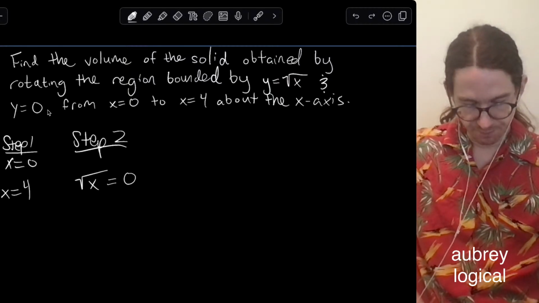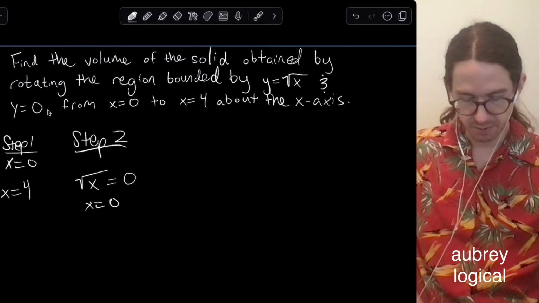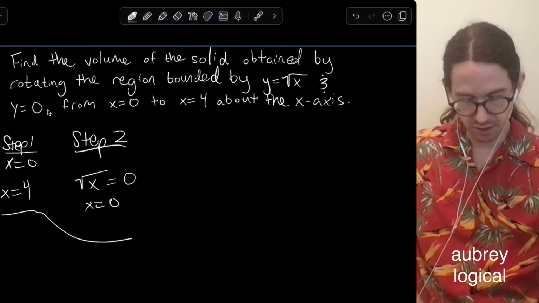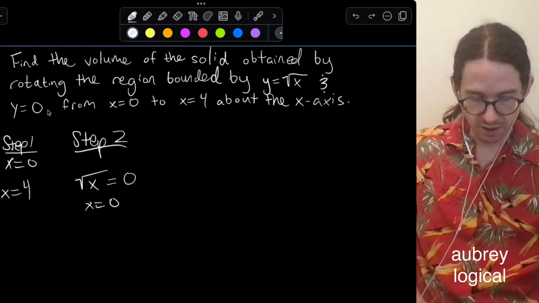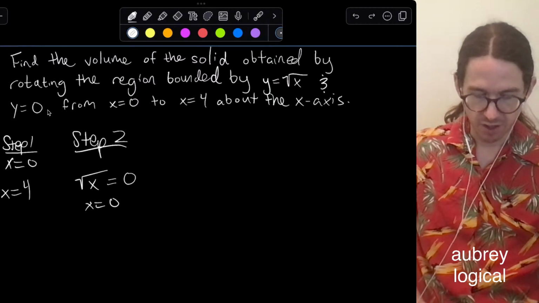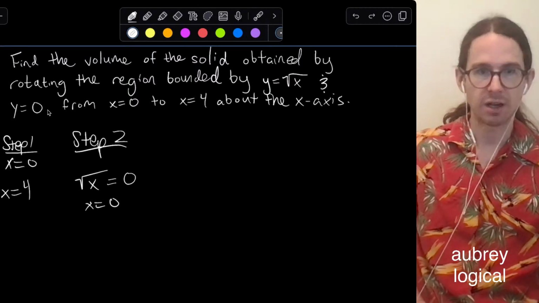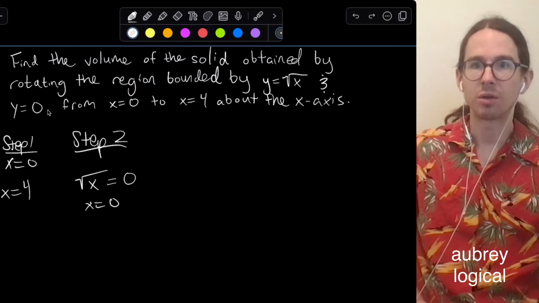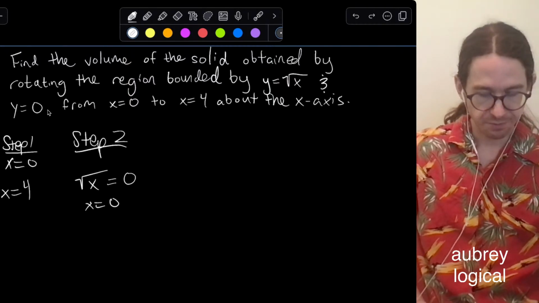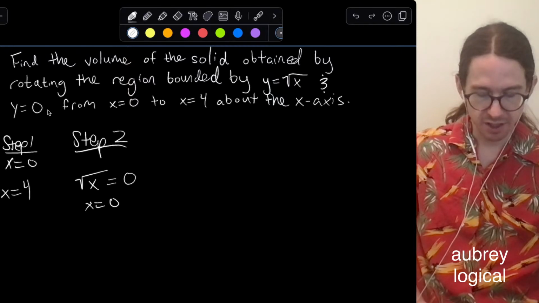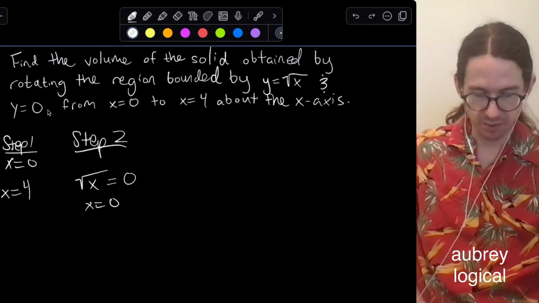But it's okay. We still had to do both of these steps. We have to do both of these steps every time. And if we don't get our 2 limits after these 2 steps, we gotta keep going on to another step. But we don't need to in this instance because we already have our limits.